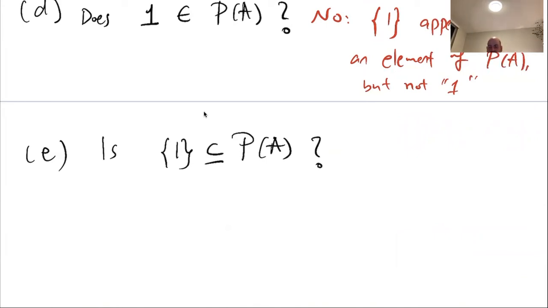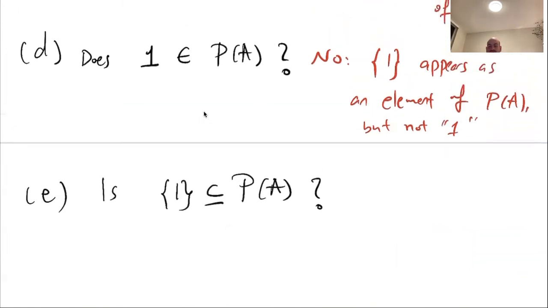My first set has only one element, which is number 1. Now, is 1 an element of P of A? We saw in the previous part that the answer is no.